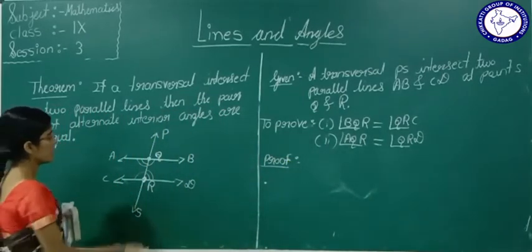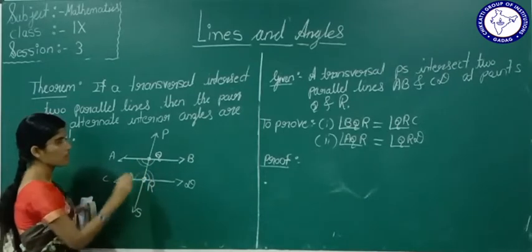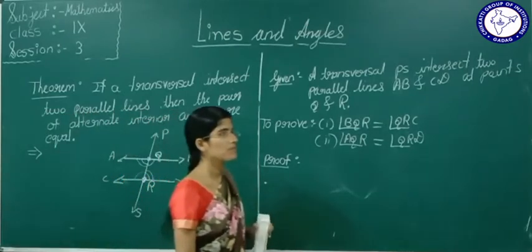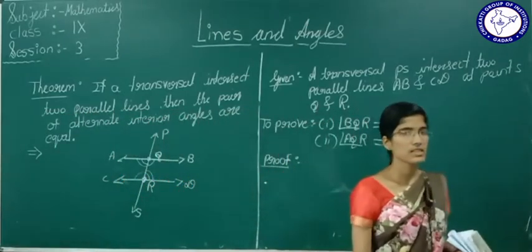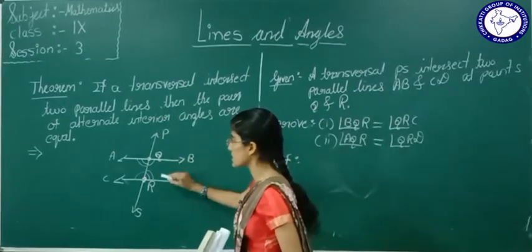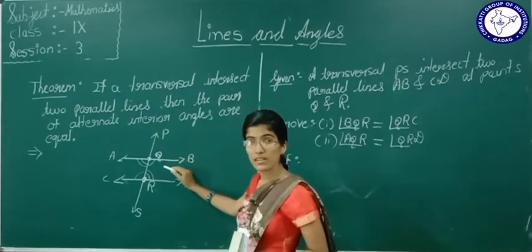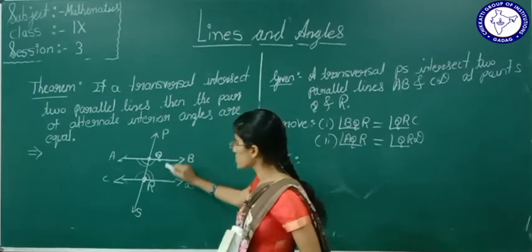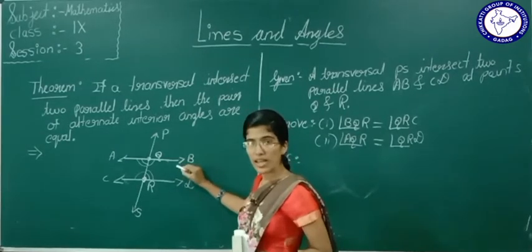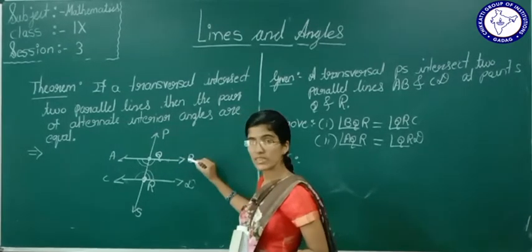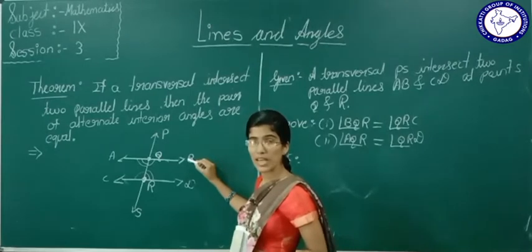Now see here, when two lines are parallel, what does the corresponding angle axiom tell us? If a transversal intersects two parallel lines, then each pair of corresponding angles are equal.